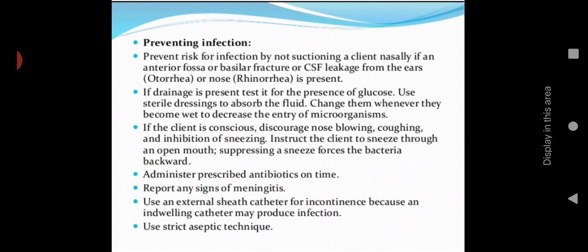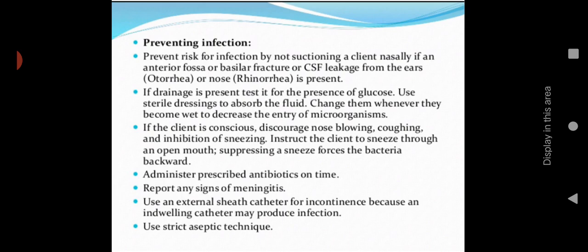Then prevent risk for infection by avoiding suctioning a client nasally if an anterior fossa or basilar fracture or CSF leakage from the ear or nose is present. We should not do suctioning through the nose if there is any chance of CSF leakage from the ear or nose.